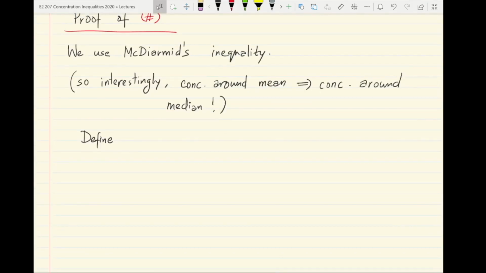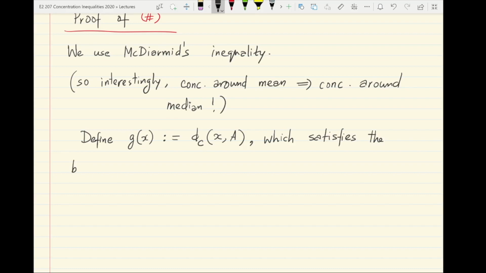So let us define g of x, just as we did with the converse to Levy's inequality, as the c distance of x from the set A, which in fact you can check satisfies the bounded difference property with coefficients c.